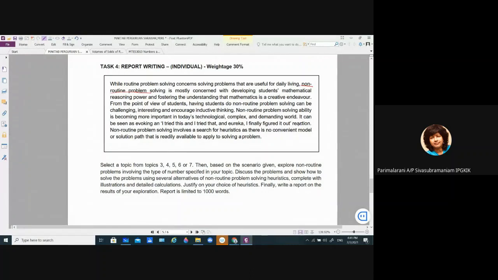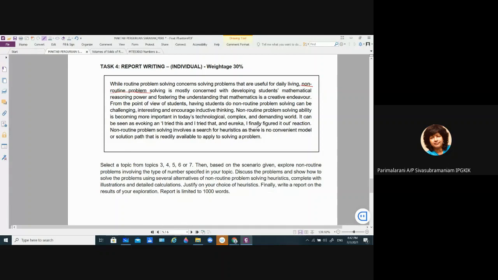Because non-routine problems you cannot solve through arithmetic. Okay, arithmetic is addition, subtraction, multiplication, divisions. These arithmetic procedures you can use to solve routine problems, but non-routine problems you cannot solve using arithmetic. So you have to try many different strategies and maybe you'll find the answer.